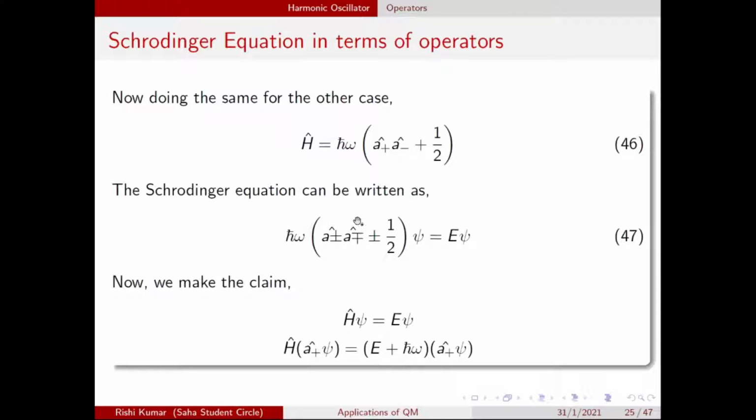Now we make this integral claim here: if the Hamiltonian satisfies H psi equals E psi, then H of A plus psi equals E plus h bar omega times A plus psi. Again, there is a small bit of derivation here, a proof, but this is a proven fact, and I'm just going to take this claim as it is.